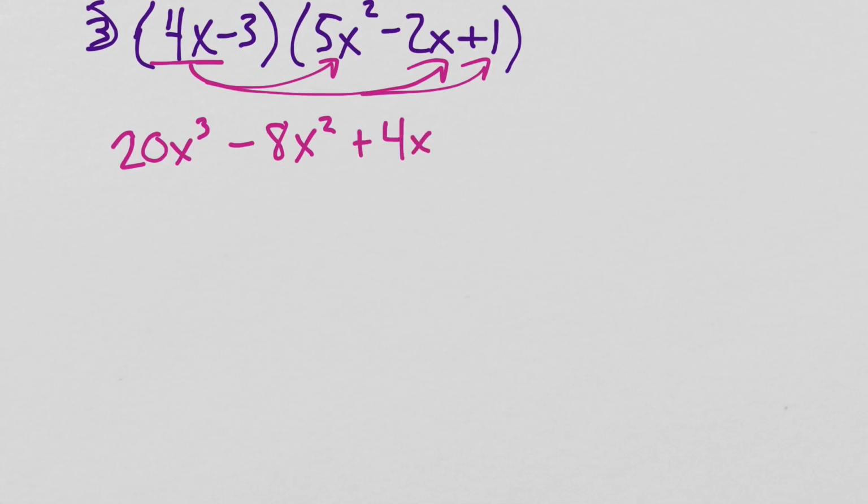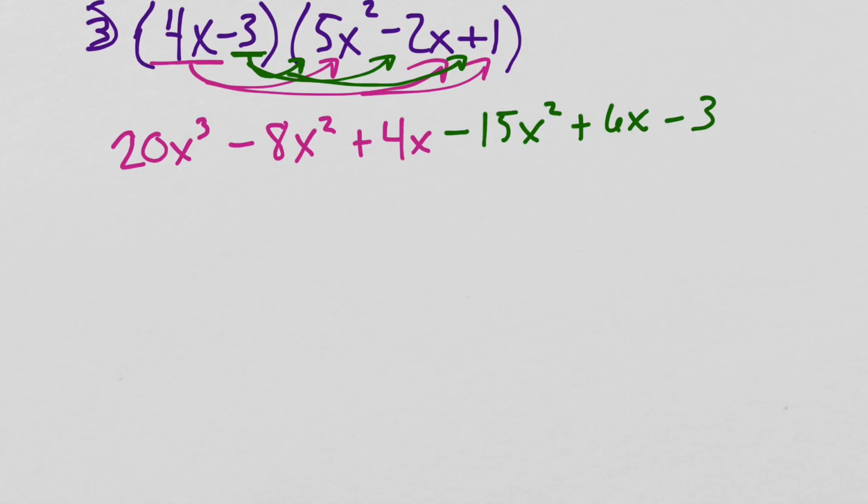We then have to multiply this negative 3 and distribute that one on through to each term in the second polynomial. So we have negative 15x to the second, we have a positive 6x, and a negative 3. So now what we're going to look to do is combine like terms.